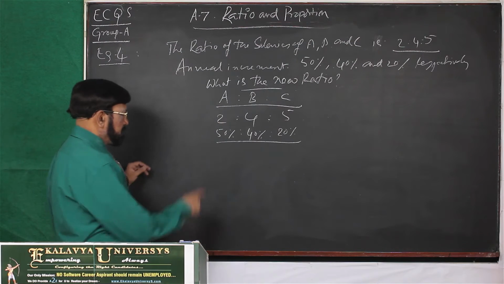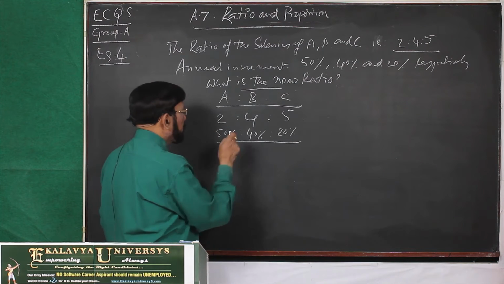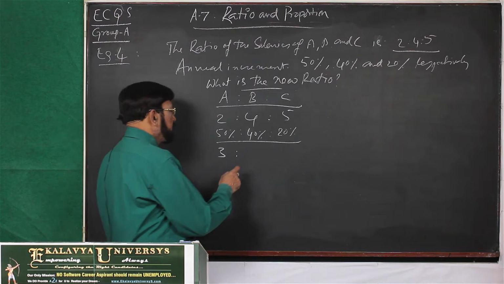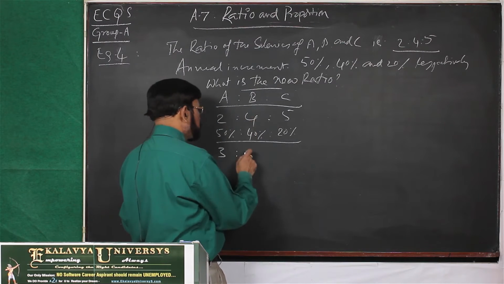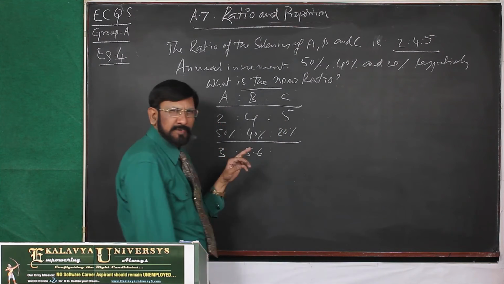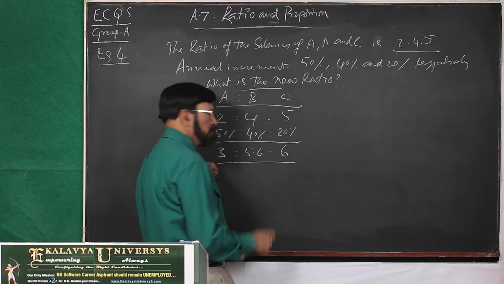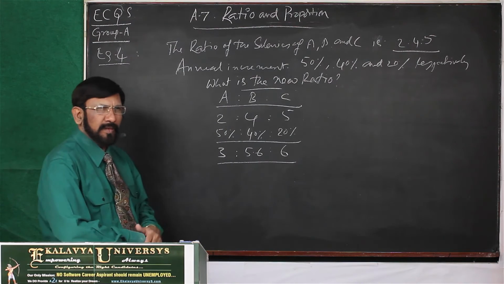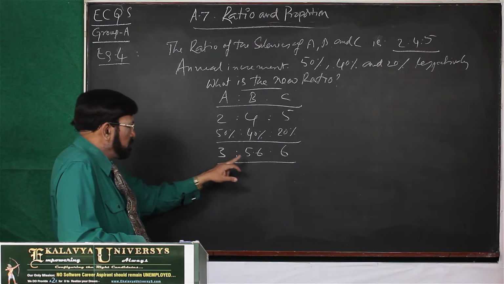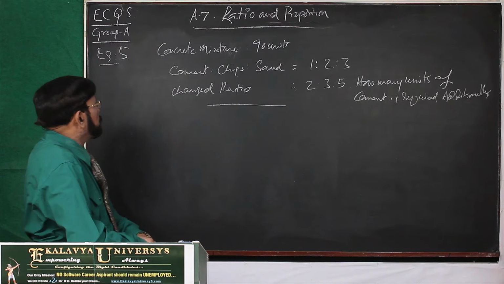Now just increment it. 50% of 2 is 1, so now it is 3. 40% of 4 is 1.6, plus 4, 5.6, and 20% of 5, 1/5, that is 1, so 6. So the new ratio of their incremented salaries is 3:5.6:6.